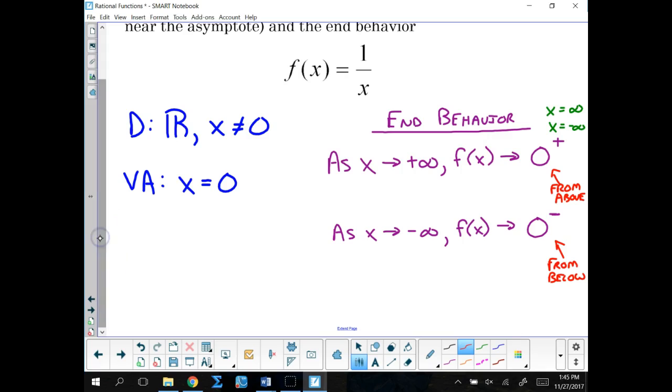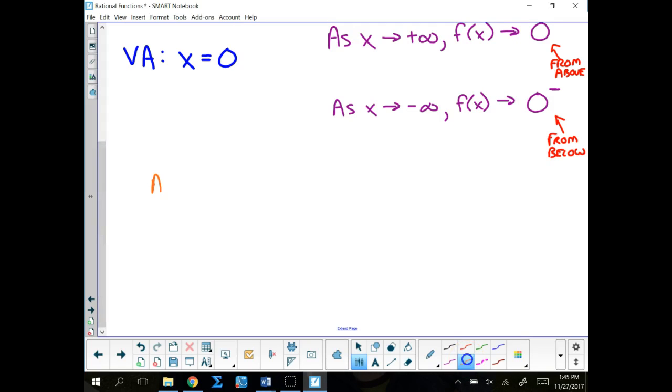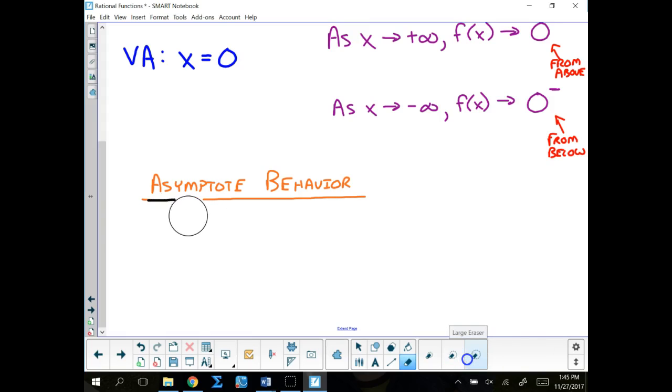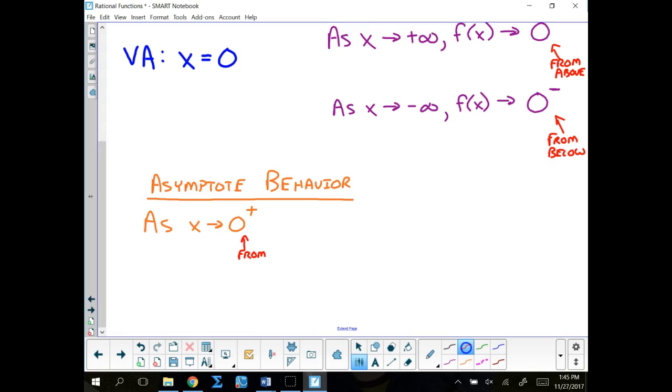Now, we got this new one called asymptote behavior. As x approaches 0 now from the right, what does my function do?